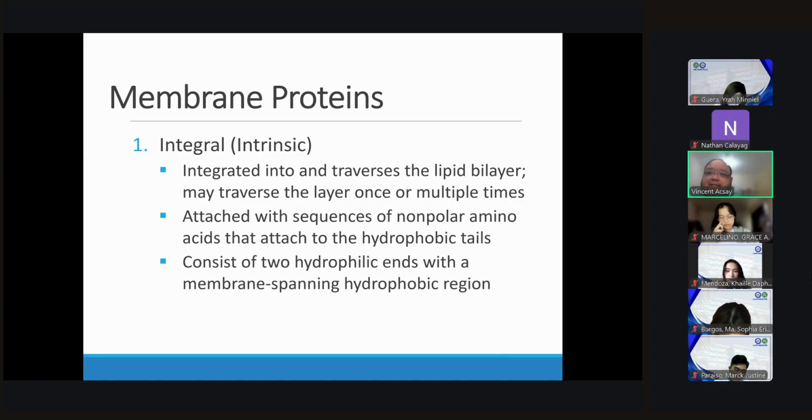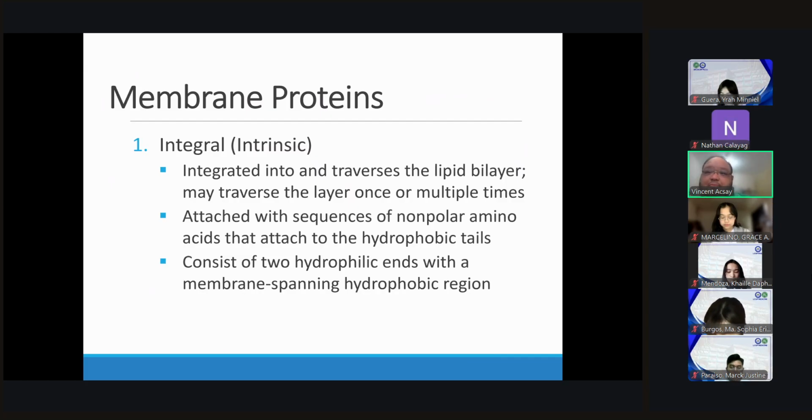When we're talking integral or intrinsic proteins, it's in the name. They are integrated into the lipid bilayer. They may also traverse the layer once or multiple times. In order to remove intrinsic proteins, you have to, in a sense, destroy or cleave a certain area of the bilayer.